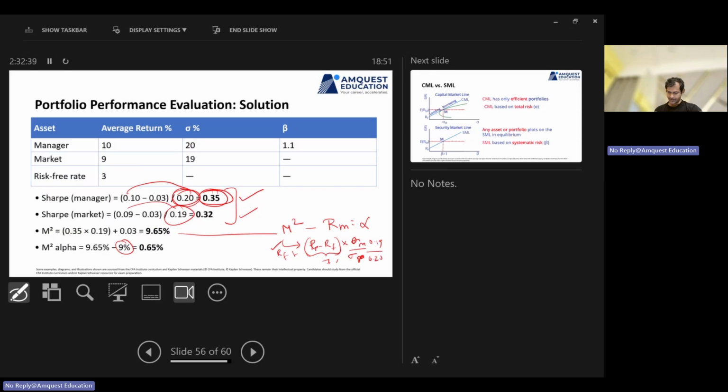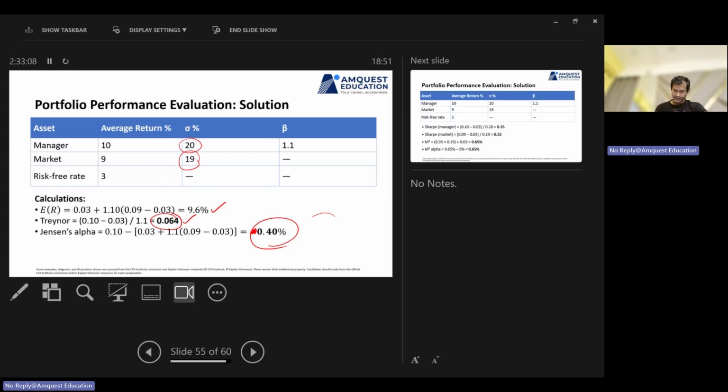So if you do the maths, 0.03 plus 0.07 into 0.1 upon 0.20, you will get M square as 9.65. You earn 9.65 M square, which is more than the market return of 9 by 0.65%. So the M square alpha is 0.65.